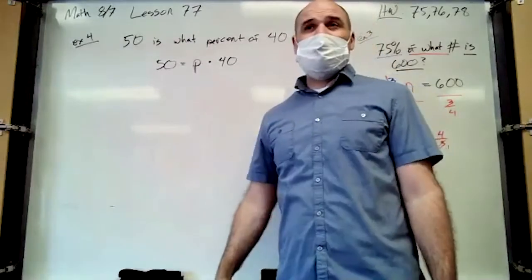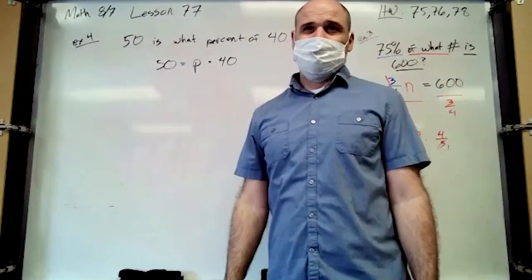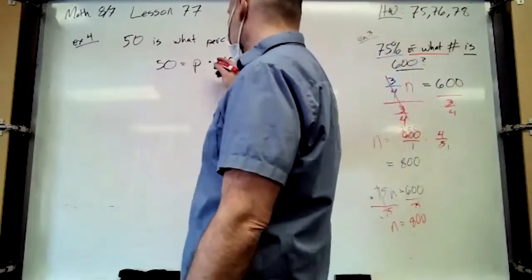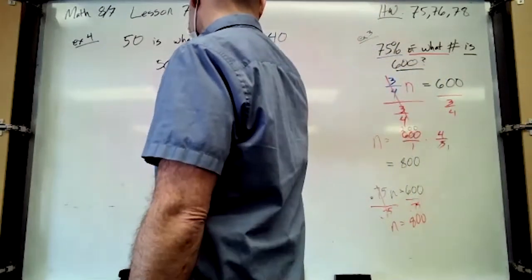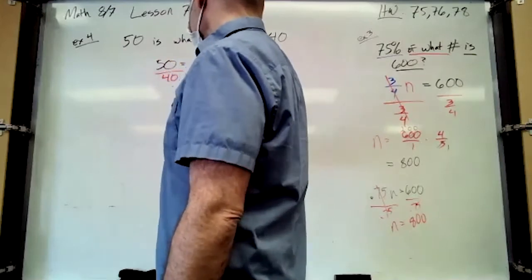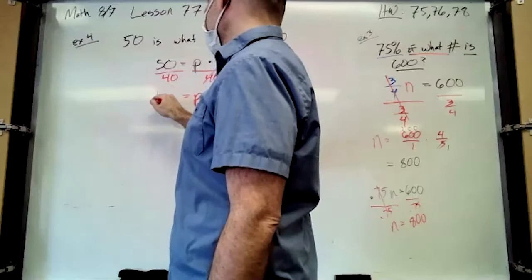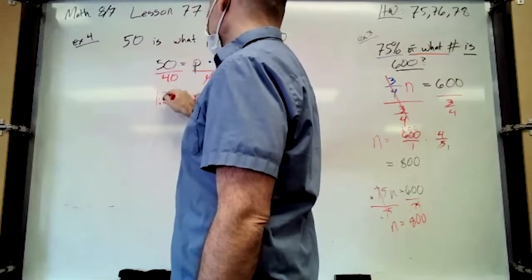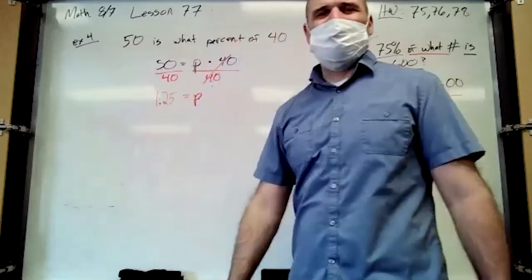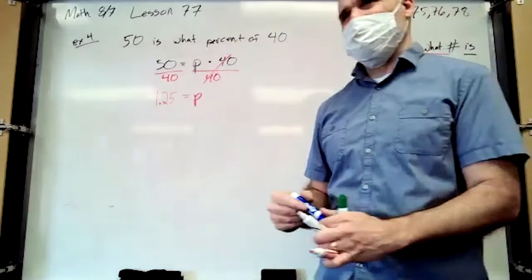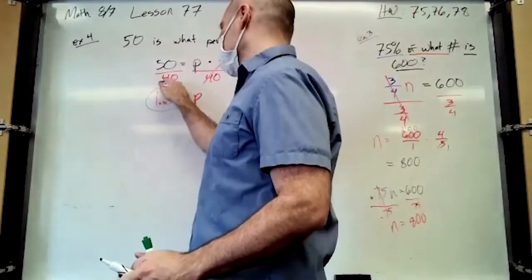How do I get P by itself? Divide it by 40. So P equals, let's see, that goes in 1 time, and then like 2 times, so you get 1.25. Is that your answer? What's your answer? 125.